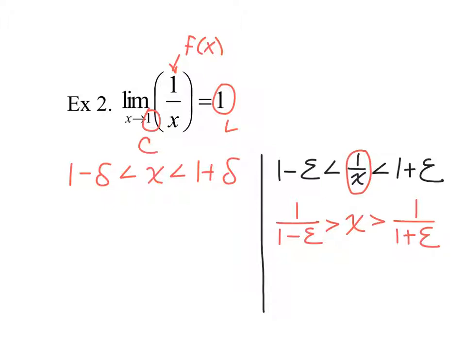So if I have this relationship, that's true enough because I'm subtracting something from one, I'm adding something to one. So that size relationship makes sense. But when you flip it, here you're taking one and dividing it by something smaller than you are here. So if you divide one by something smaller, it's going to be a bigger number than this one. So that would change our inequalities to make a true statement.